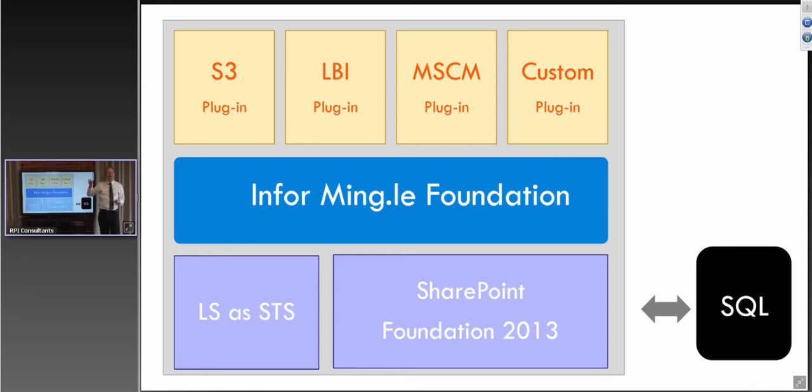You'll see that there's a new section on that page for Infor Mingle, and a menu option in there to add a new Mingle site. You say add a new Mingle site, and it'll ask you which plugin you want to use. You select the custom plugin, and then you basically type in whatever URL you want for this page.